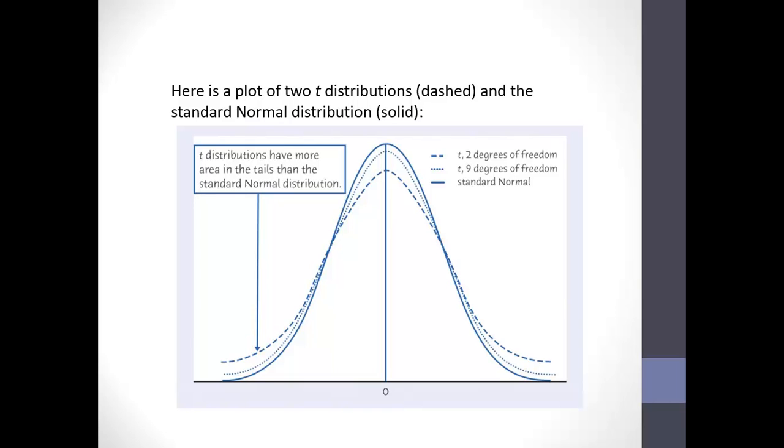And here we have a plot of two different t-distributions, as well as the standard normal distribution. So the solid line here is the normal 0, 1 distribution, and then we have two different t-distributions. One has a subscript of 2, and the other has a subscript of 9.